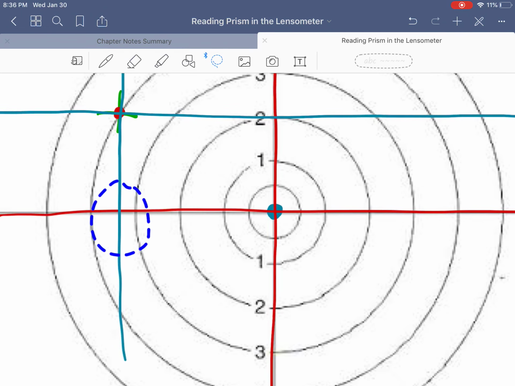So let's zoom in here. If you look at this first line, this one's the 3, and this one's the 4. We realize that we're not on any one in particular, so let's find that middle point. Let's kind of eyeball that.